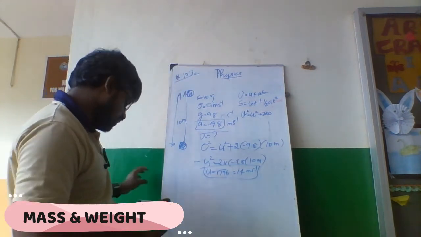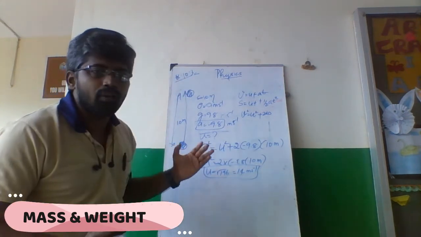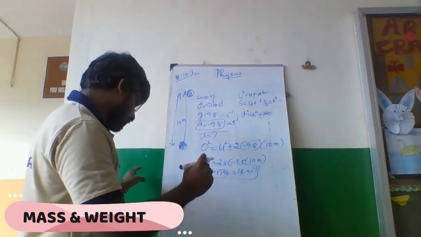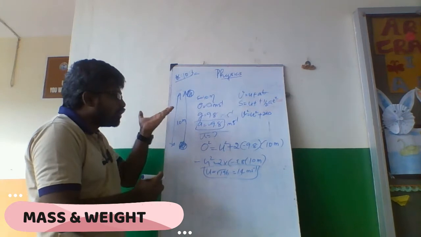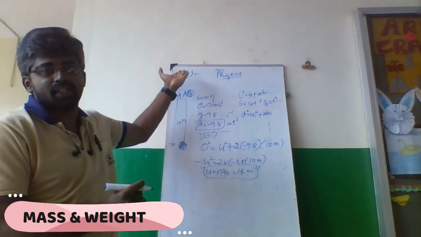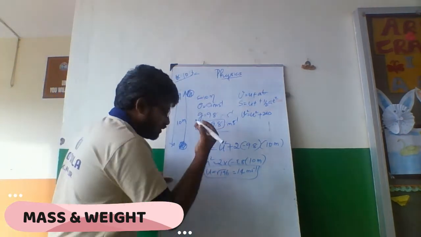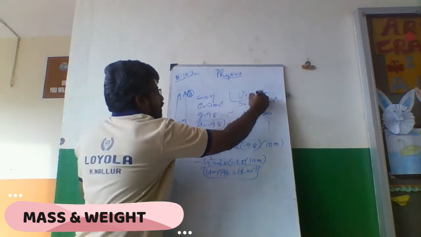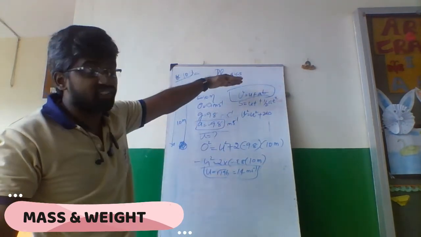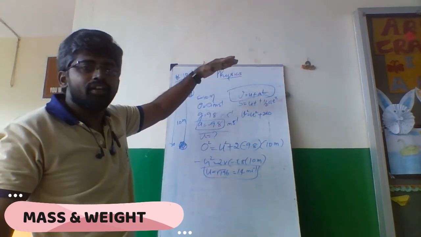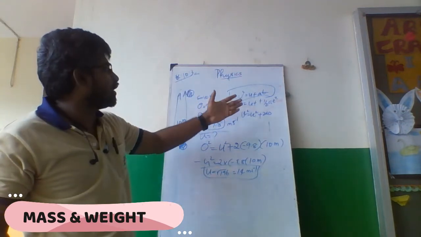Now we have to find t. What is the time taken by the object to reach that 10 meters? We shall use the first formula. When you know t, you can go to the first equation. When you don't know t, you go to the third equation.